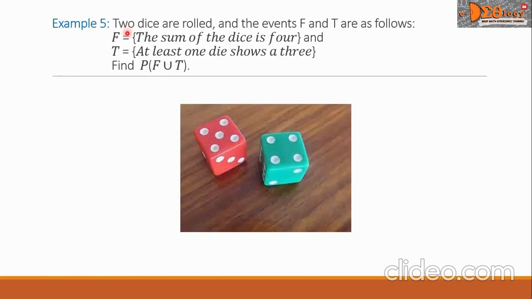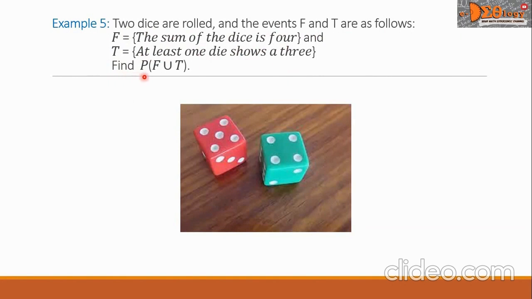Example 5. Two dice are rolled, and the events F and T are as follows. Event F, the sum of the dice is 4. And event T, at least one die shows a 3.